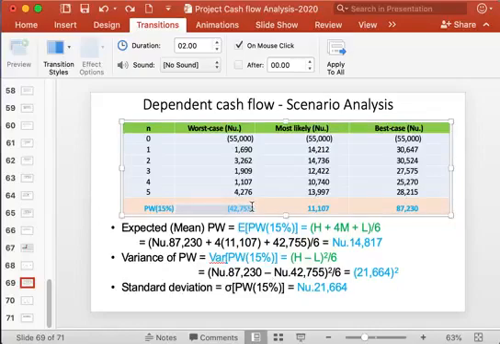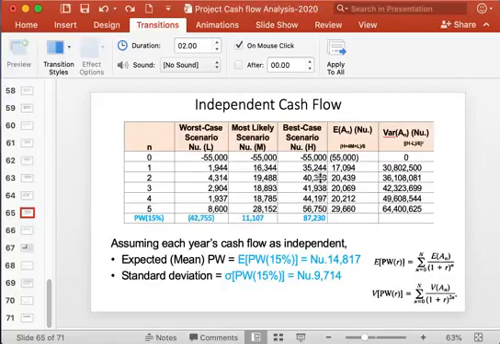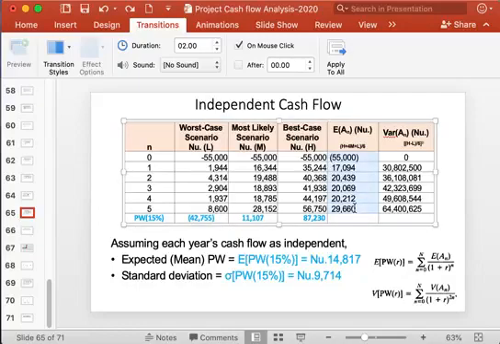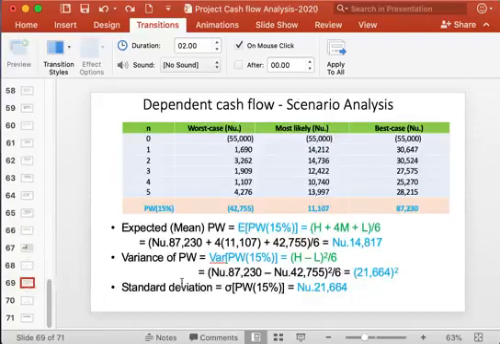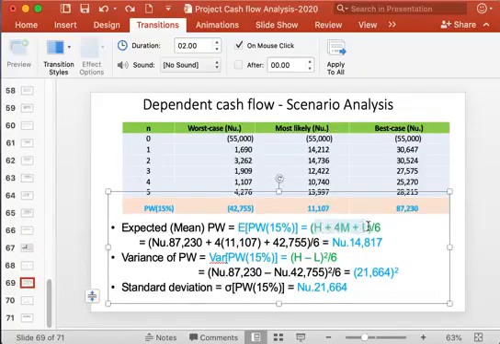Because this 42,755 was calculated using these values, which is the worst case scenario, most likely scenario, and best case scenario, and the net present worth of each scenario is then related in terms of this function.